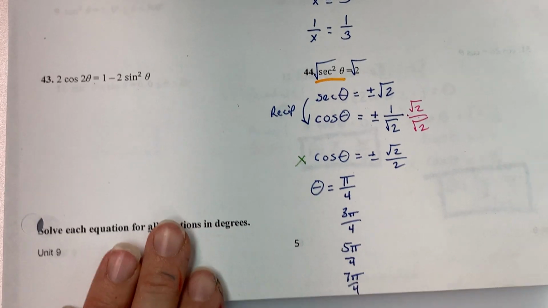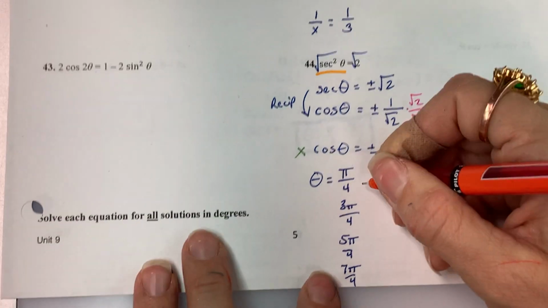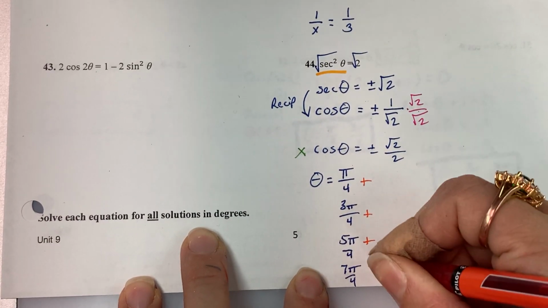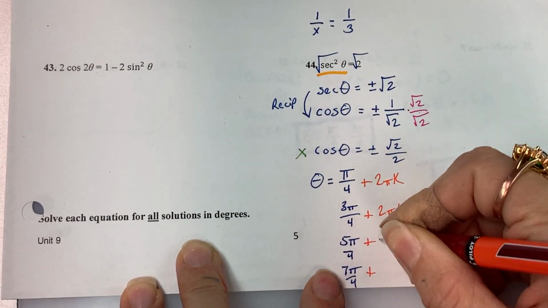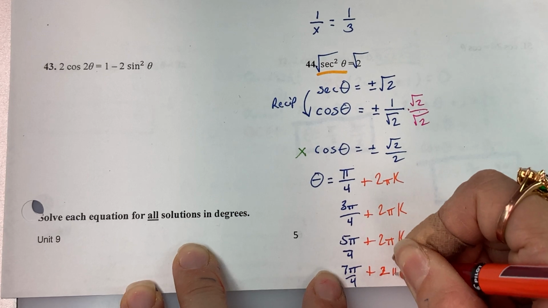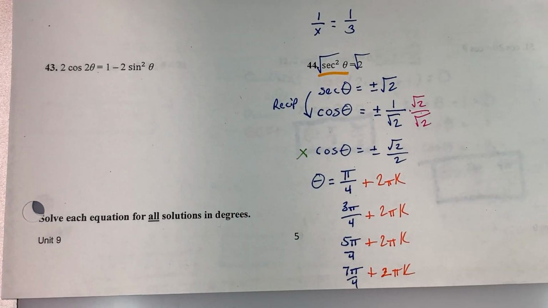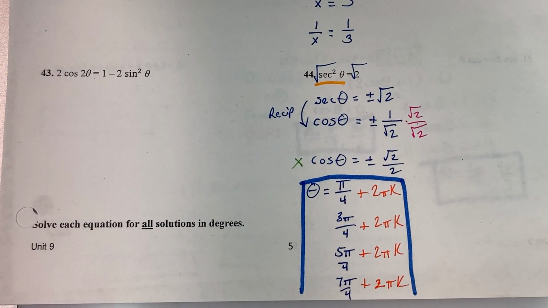Now, why all this awkward space here? Well, that's because in addition to writing those radian angles, we're going to need to add 2 pi k to each of them. And folks, sometimes on the test, students will write 360k, but when you have radians, you have to add 2 pi k to find the coterminal angles. So that would be our solution for that equation.